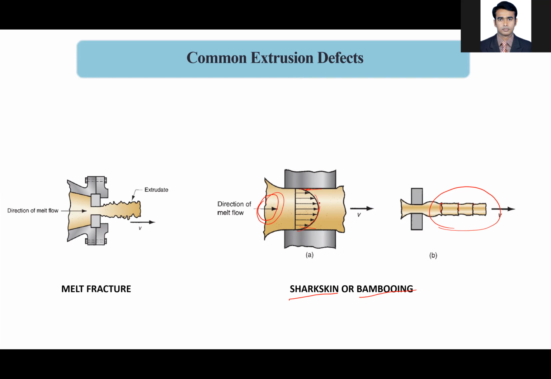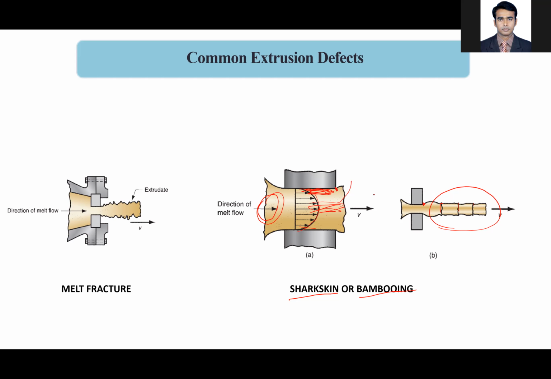When the material comes out, the inner material bubbles up. And sometimes due to the friction of the die, fracturing occurs on the surface intermittently. After some time, the fracturing starts because of the low velocity of the surface material compared to the inner material. The material bubbles up, then fracture occurs at the outside of the die, and then it bubbles up again.